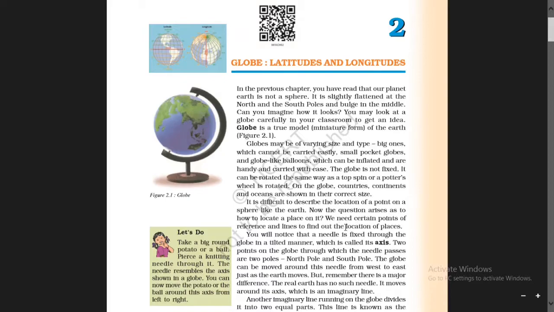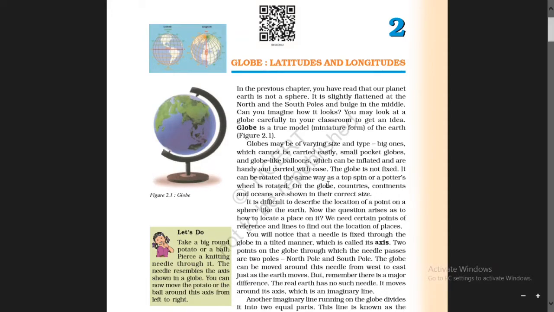A top, which you might have seen, spins or wheels around quickly, and a potter's wheel is rotated when he makes a pot. In the same way, at that speed, the globe can rotate.